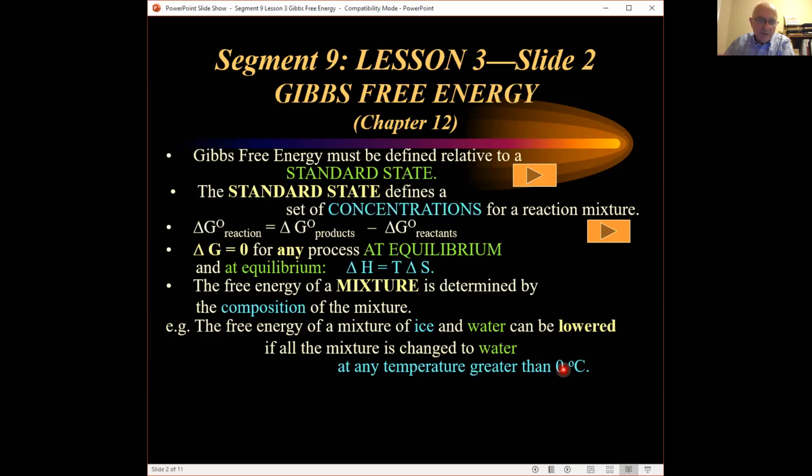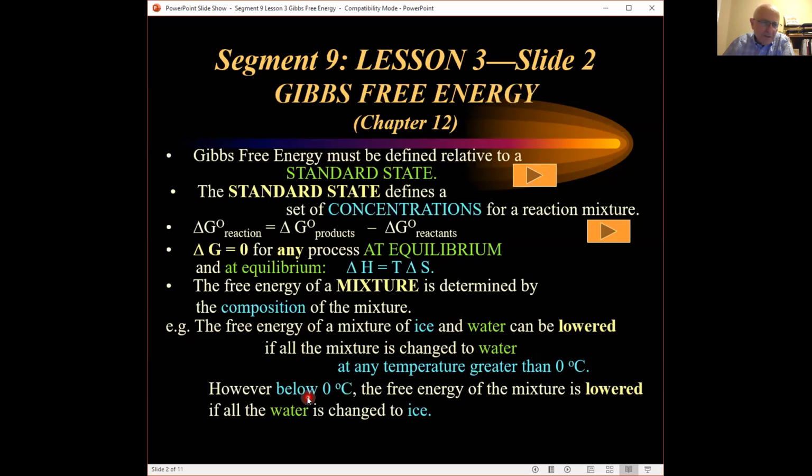That's the spontaneous direction for an ice-water mixture at any temperature above 0 degrees. Below 0 degrees, the free energy will be lowered as the water is changed to ice. So you see the equilibrium temperature for melting is 0 Celsius or 273 Kelvin.